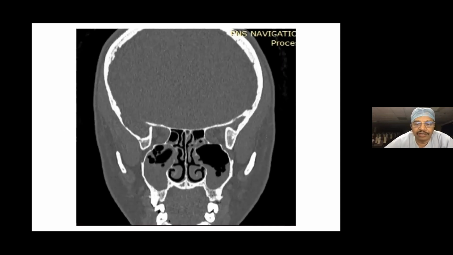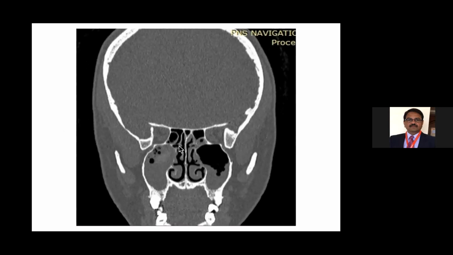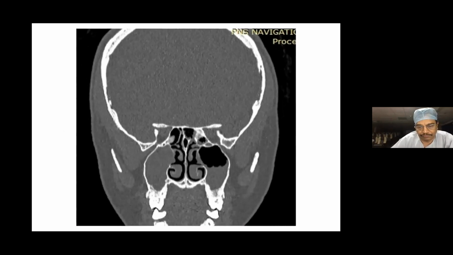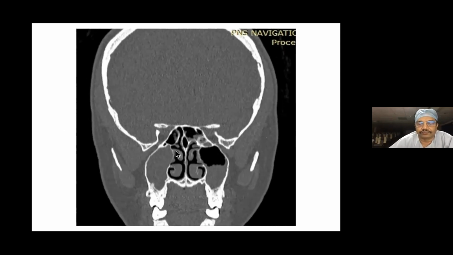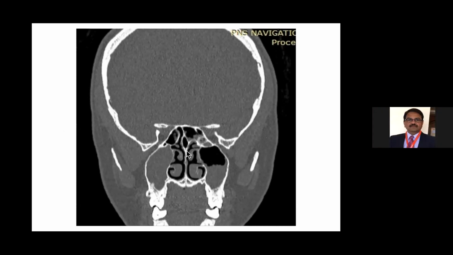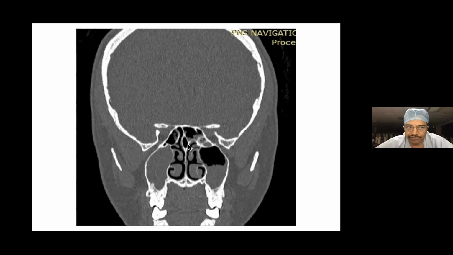Then I will look at the superior turbinate. This is the superior turbinate. I want to define the sphenoid sinus and posterior ethmoid. How to define which is sphenoid sinus and which is posterior ethmoid?